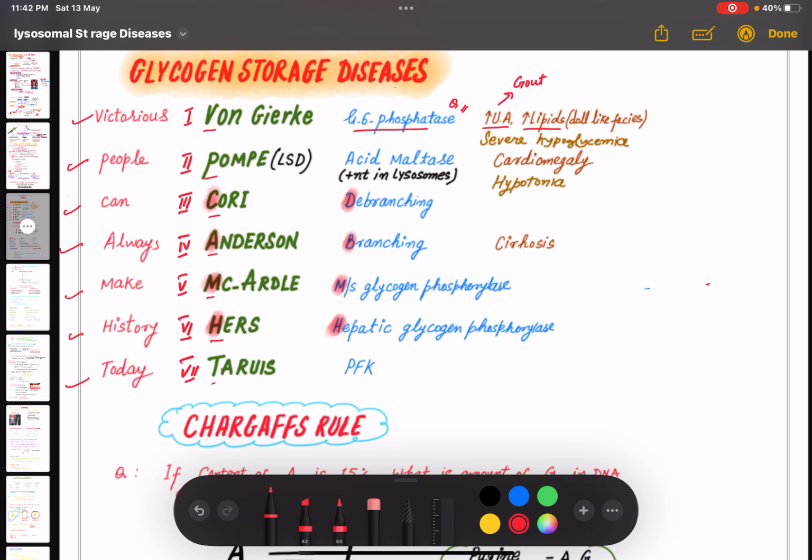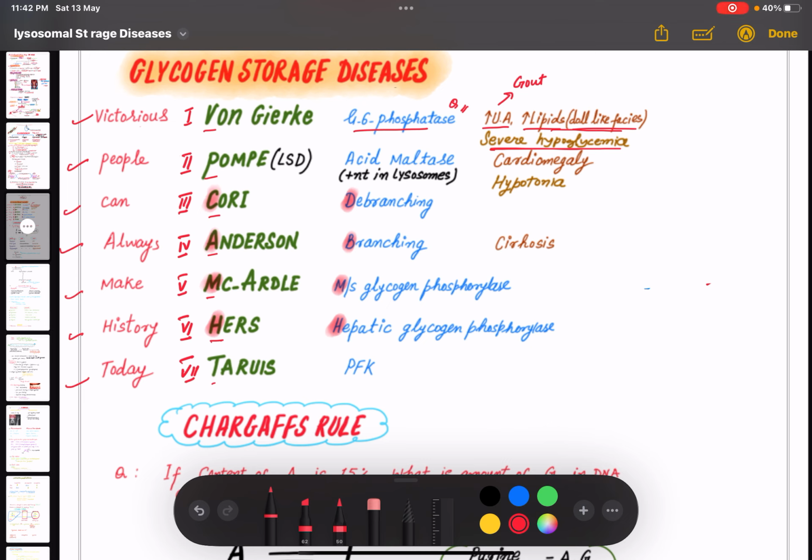They will be deposited over the face, and therefore the patient will be having doll-like faces. Also, the patient is going to have severe hypoglycemia. These are the points which can be given in the exam, so be cautious about these points. If you see hyperuricemia and severe hypoglycemia, go for von Gierke's.